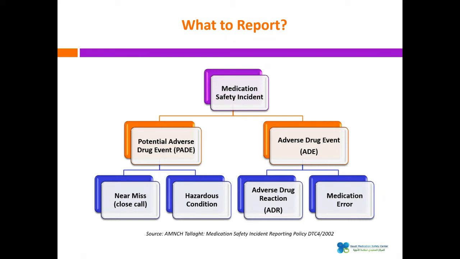A medication error is an adverse drug event that has actually happened. So these must be reported. But to improve the safety of the system and identify risks, we also want you to report potential adverse drug events. These are hazardous conditions and near misses.